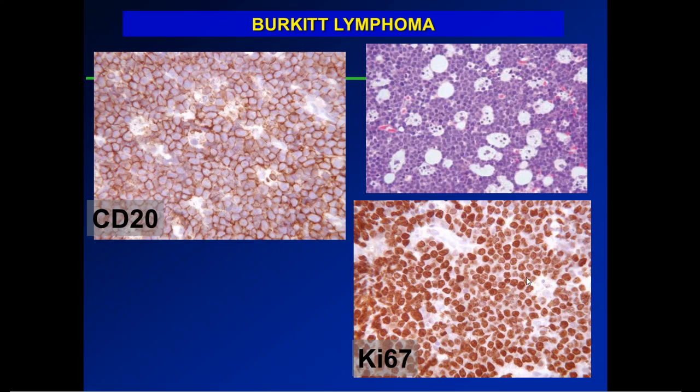And as you see, according to the coloring, mostly each cell is ready to proliferate. So 98 or 99% of tumor cells at one moment are ready to divide.